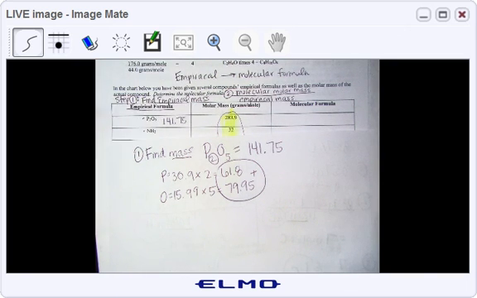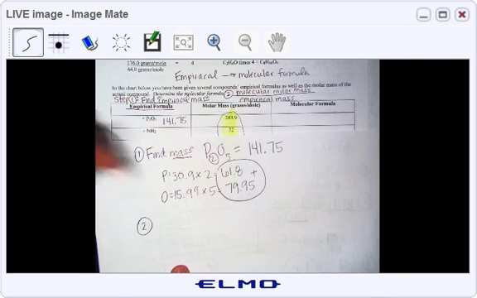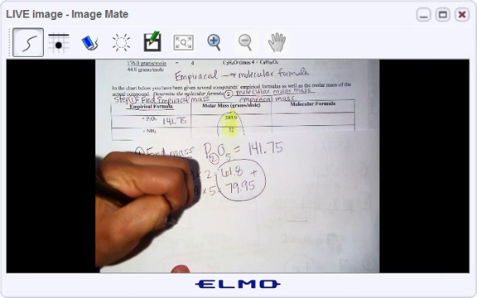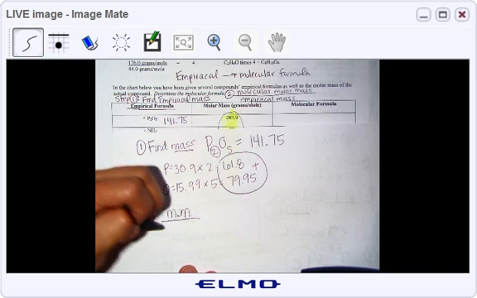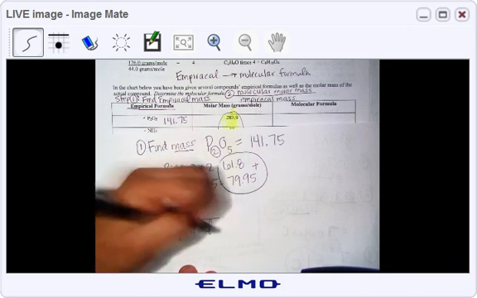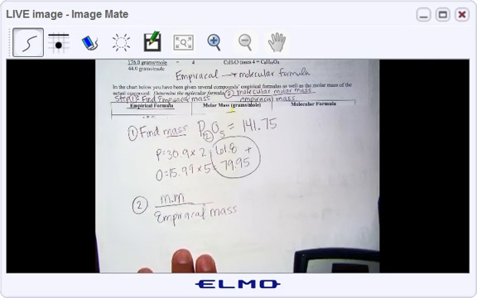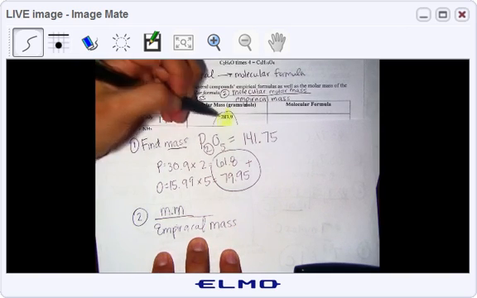And now I'm going to go back to the formula, which is right here. So step 2, plug it into the formula, which is the molar mass divided by the empirical mass. Okay. The molar mass is right here. They already gave it to us.